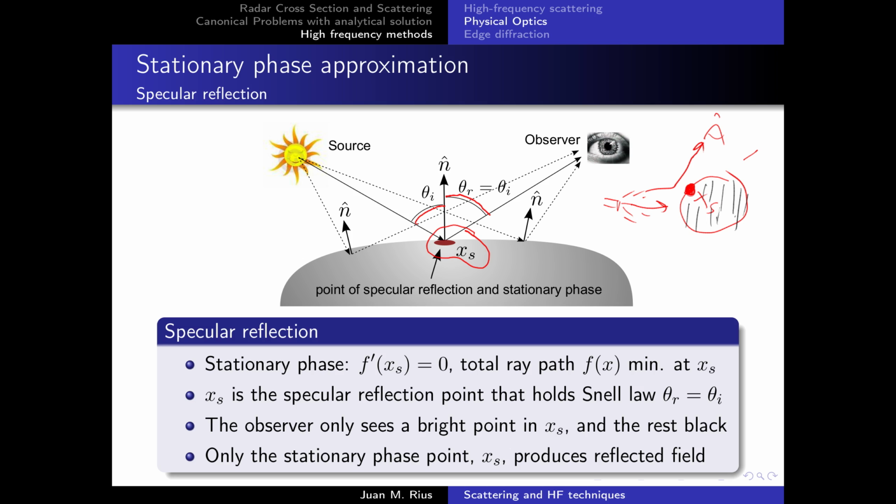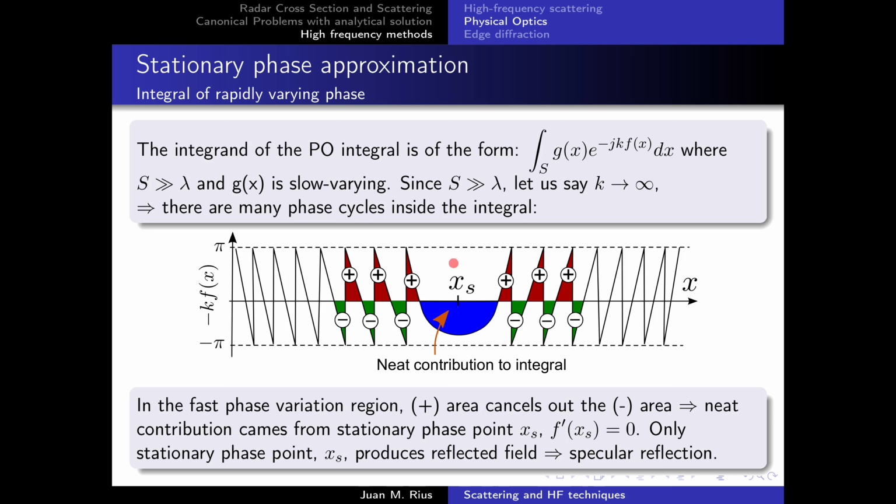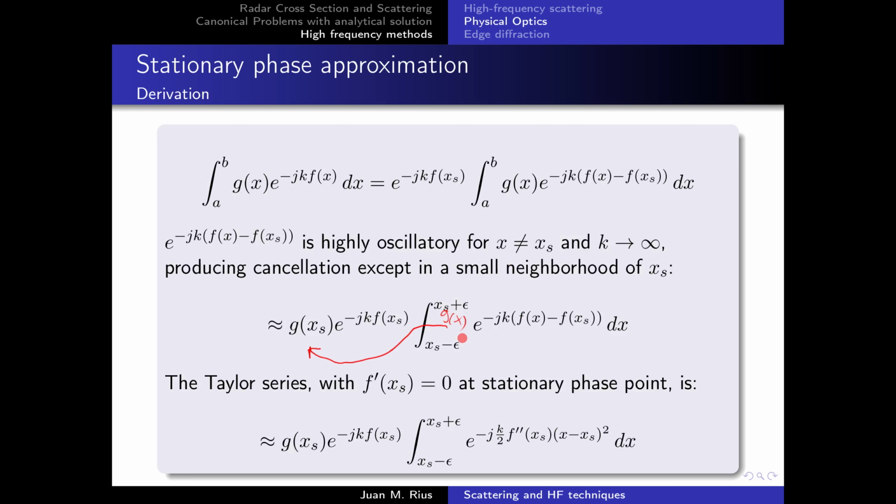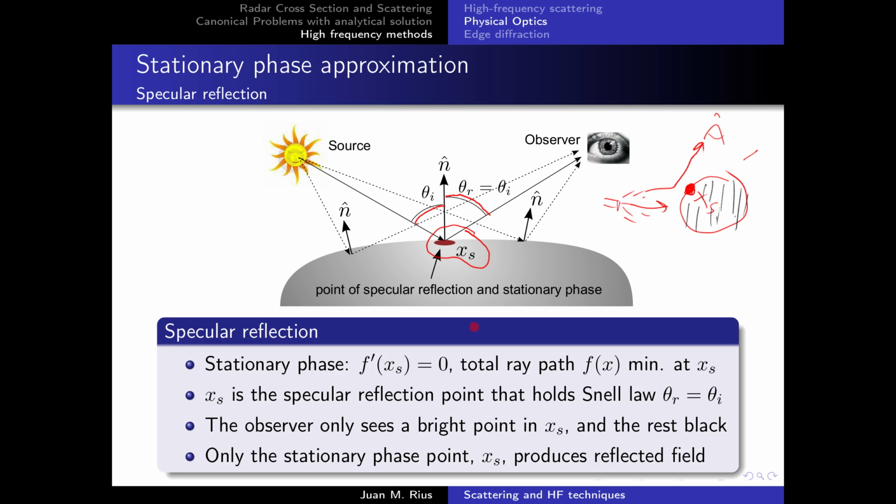You will see only a bright point, the stationary phase point, which is the specular reflection point, the point of minimum path length between the source, the reflection point, and the observer, the minimum path length that corresponds to the minimum phase. This is the specular reflection point, or stationary phase point.